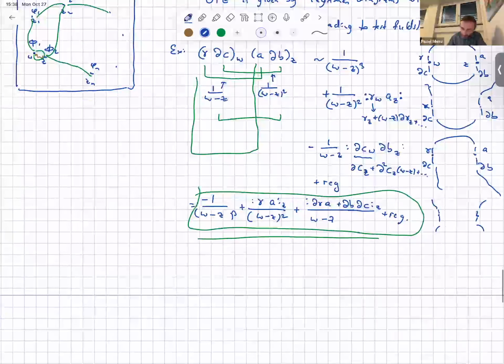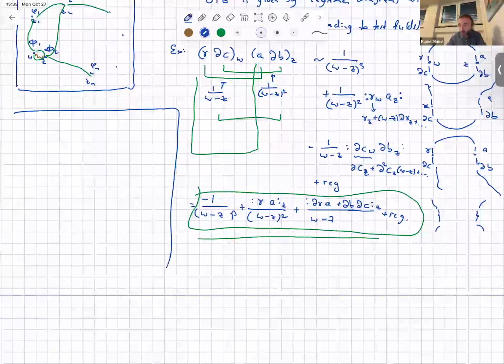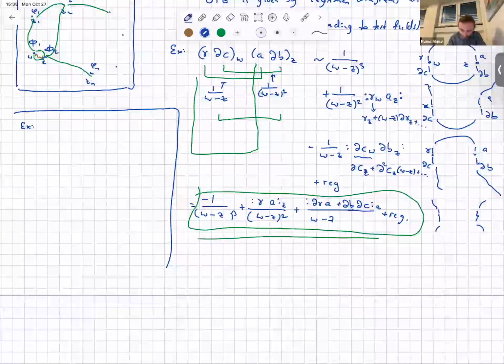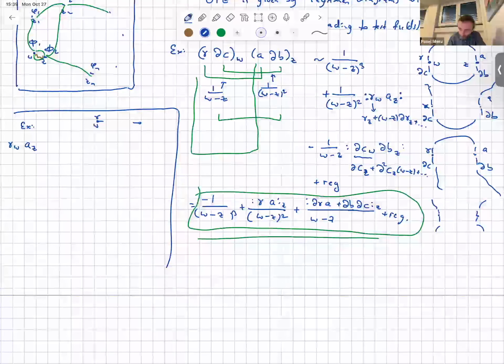Maybe another example where we work out the regular part. Let's do a simpler example. Let's take the field gamma at the point W and the field A at the point Z, and write down this operator product expansion. We have our two fields, gamma at W and A at Z, and we can either connect them by an edge or not.